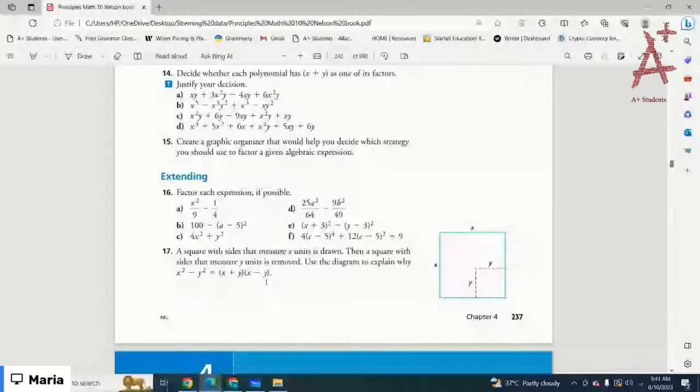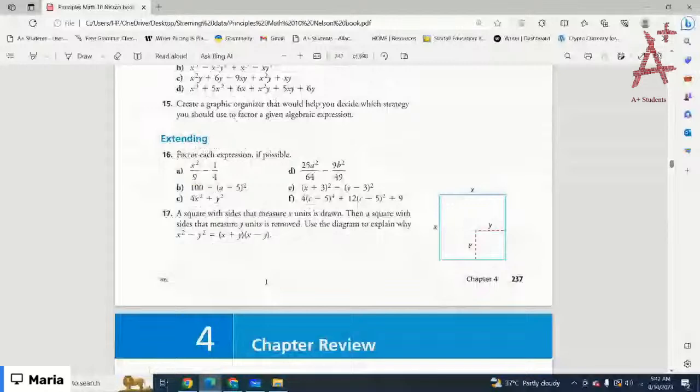Okay, look at question number 17. A square with sides that measure x units is drawn. Then a square with sides that measure y units is removed. Use the diagram to explain why x squared minus y squared equals x minus y times x plus y.